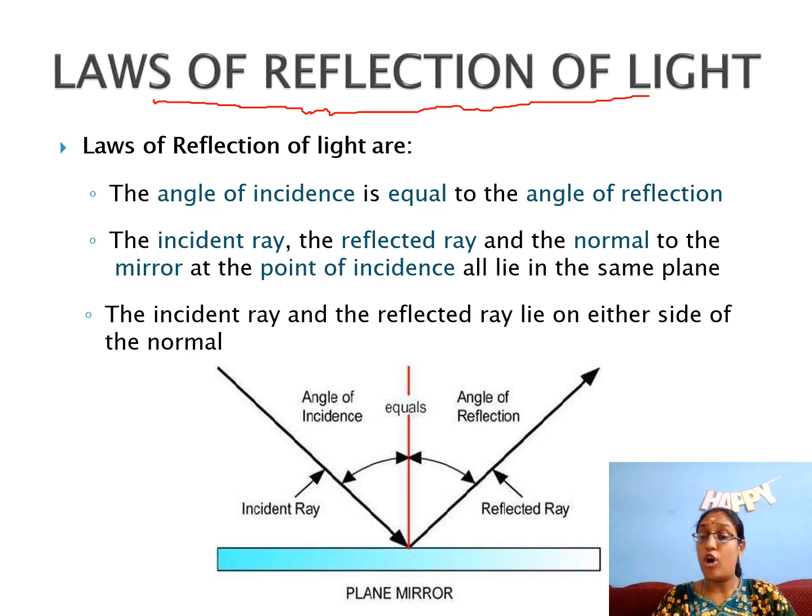Why we need a normal line is to measure how much the angle of the incident ray is. It may be 30, you have a protractor, no? In geometry you would have used angle measurements, 30 degree, 45 degree, 60 degree, and so on. So however much the incident ray varies when it goes to the reflected ray, for that reason only, you have a normal line.